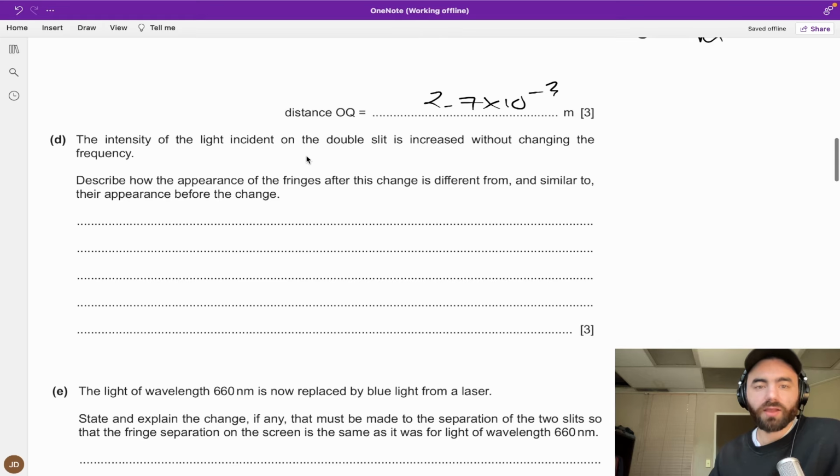The intensity of light incident on the double slit is increased without changing the frequency. Describe the appearance of the fringes after this change, and similar to their appearance before the change. Okay, well, if we increase the intensity of the light, what's going to happen? Well, that means that the amplitude of the light is going to also increase, right?